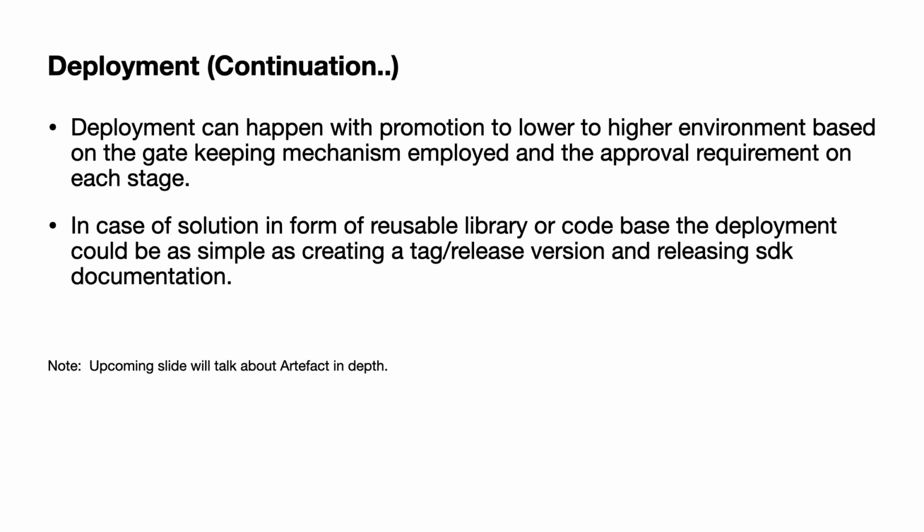One other aspect to highlight is that we are talking about a pure mobile application, right? There could be companies that are developing libraries. For them, it is not the mobile application that is the output. The output is the library itself. So there will be some place where it will be published as a library.